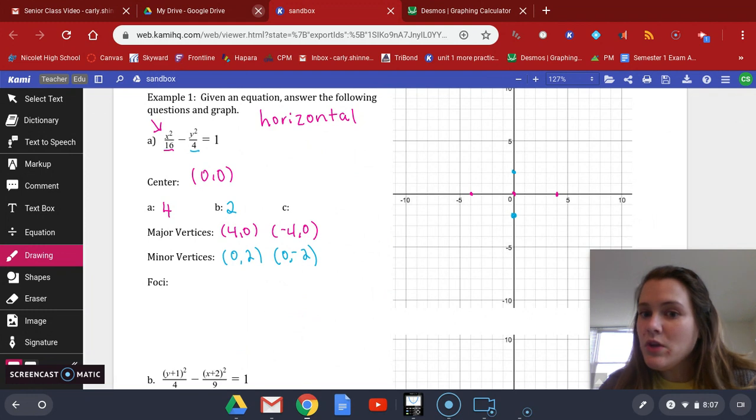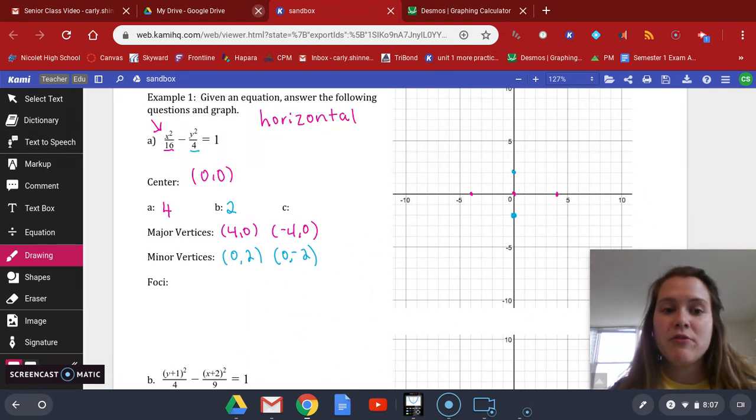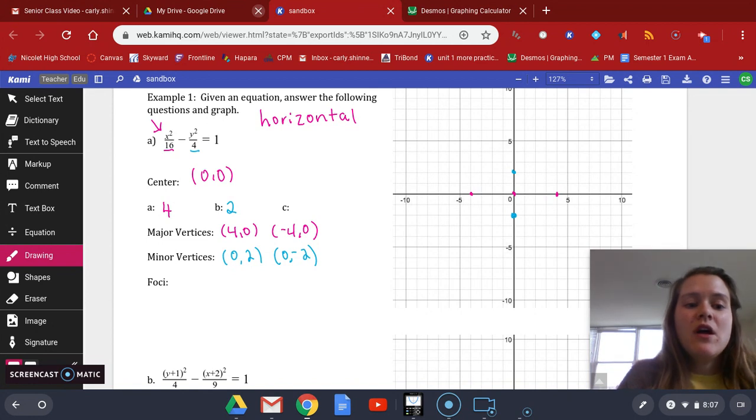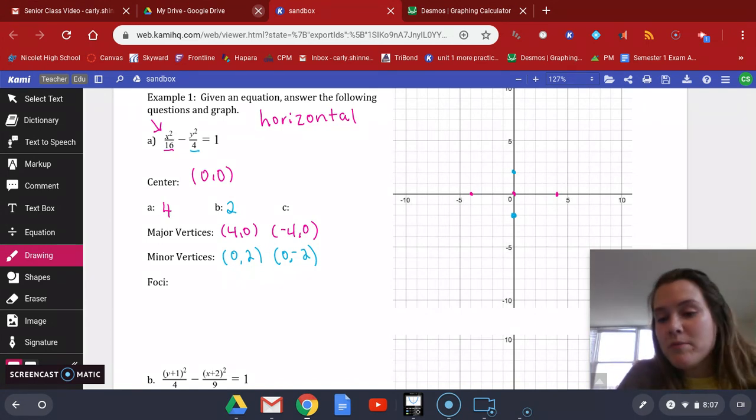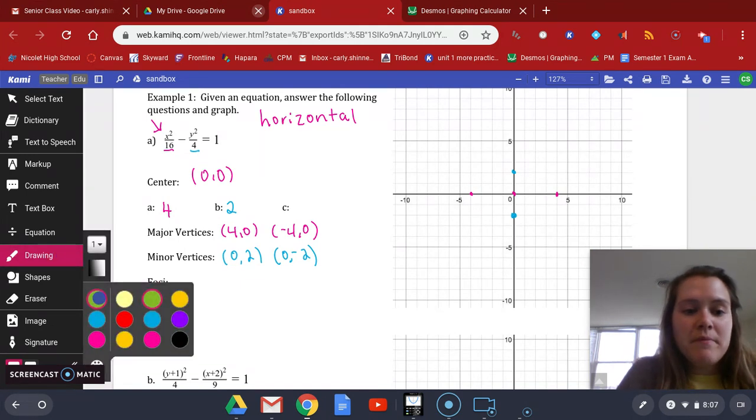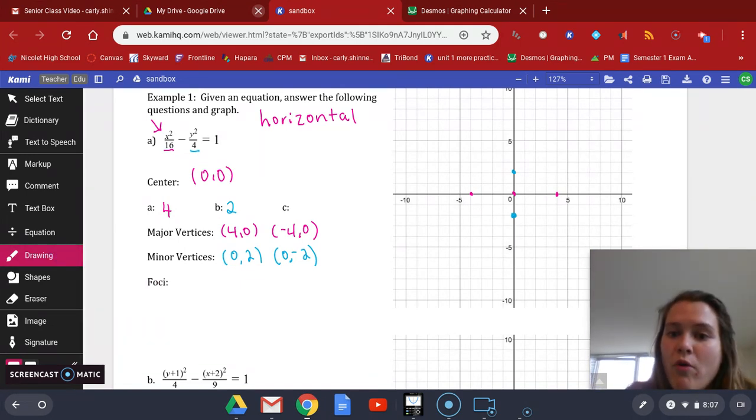So you can do that in 2 different ways here, folks. The slope of the asymptote, the rise over run, really comes from the vertices. So you can see, I'm going up 2 over 4, right? So if my asymptote's going to go through the center, I'm just going up 2 over 4.